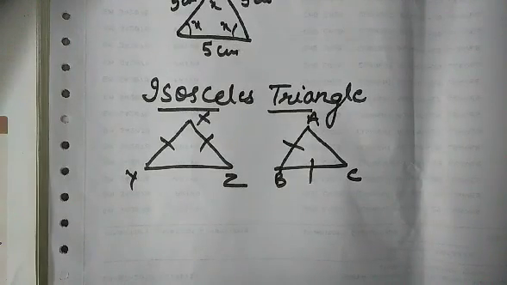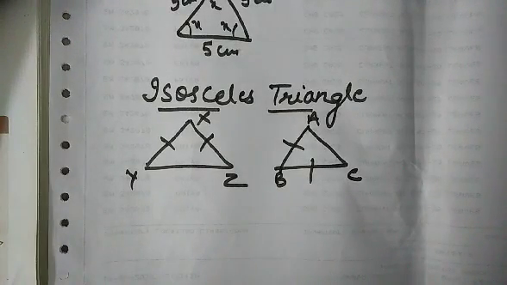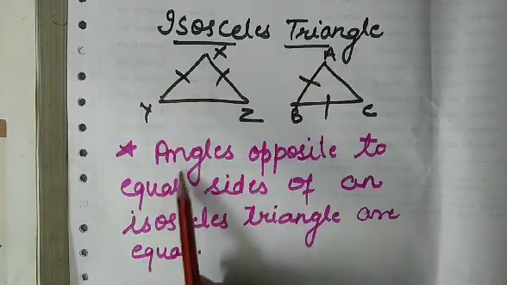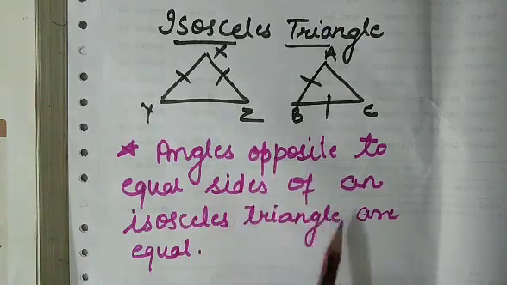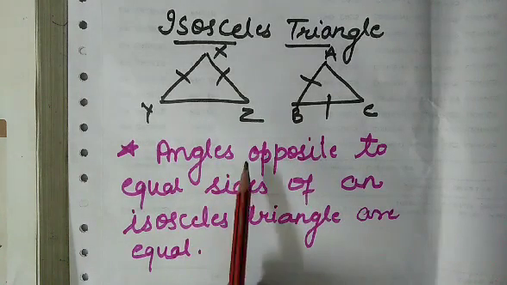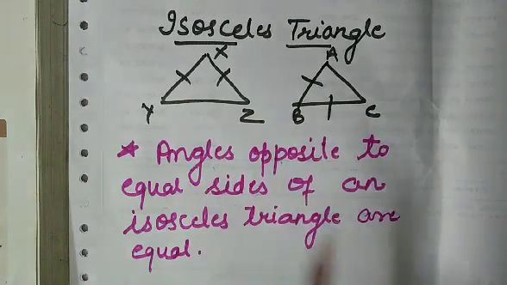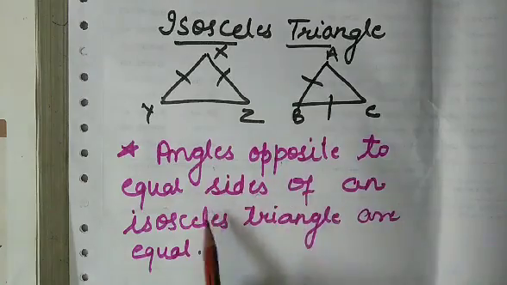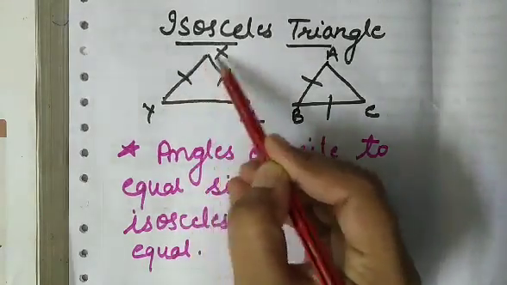Now one important property in an isosceles triangle is that angles opposite to equal sides of an isosceles triangle are equal. What does this mean? Let us consider this triangle, in which these two sides are equal.